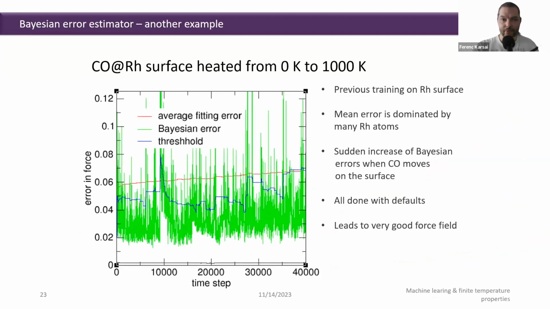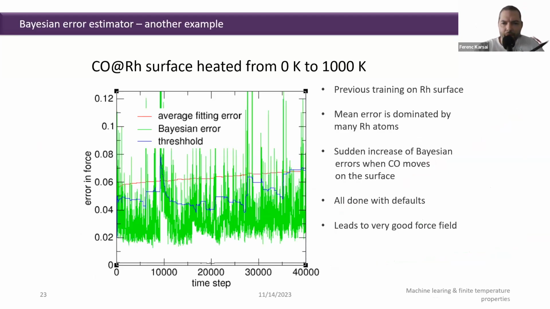Here I show you an exception: carbon monoxide at a rhodium surface, heated from, again, nearly 0 Kelvin to 1000 Kelvin. This is a continuation run of a pure rhodium surface. So we learned first the rhodium surface, then put the CO molecule on it and continued learning.